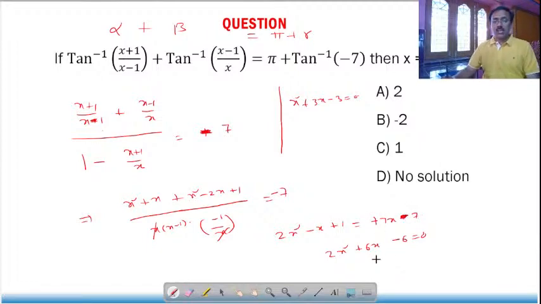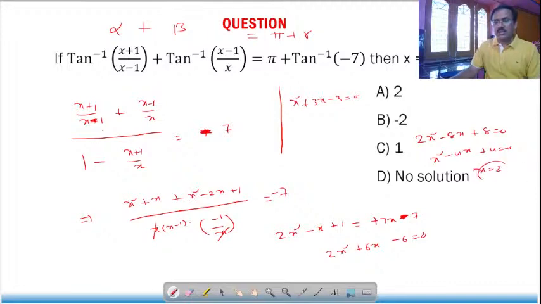So 2x square minus 8x plus 8 is equal to 0, that is x square minus 4x plus 4 equal to 0, x minus 2 whole square equal to 0, x is equal to 2, dear friends, right?